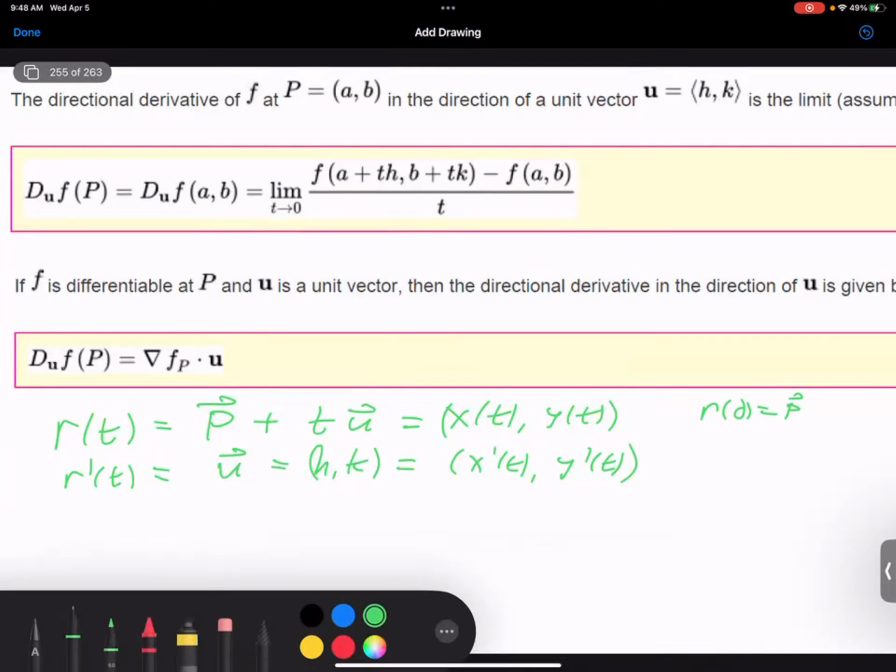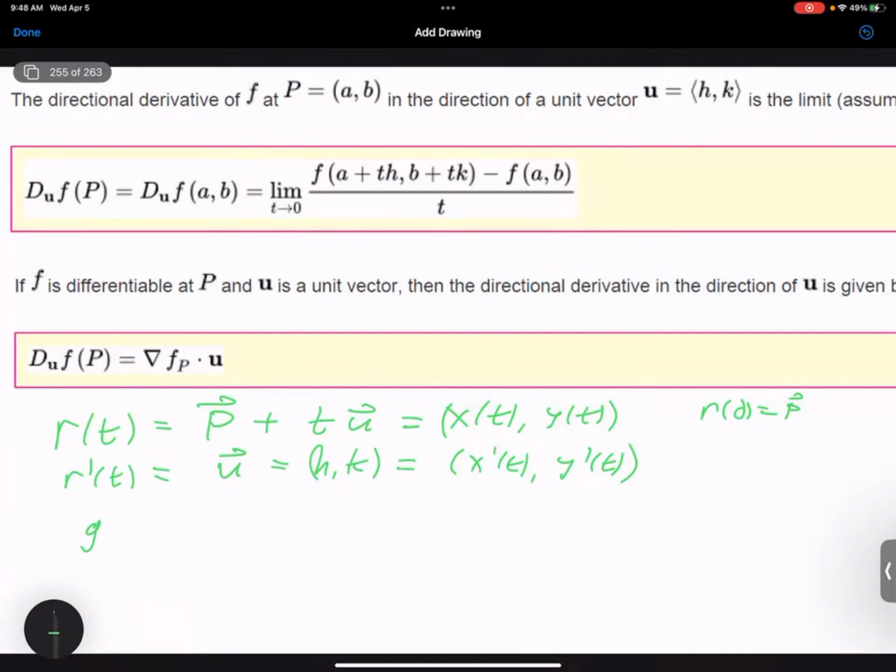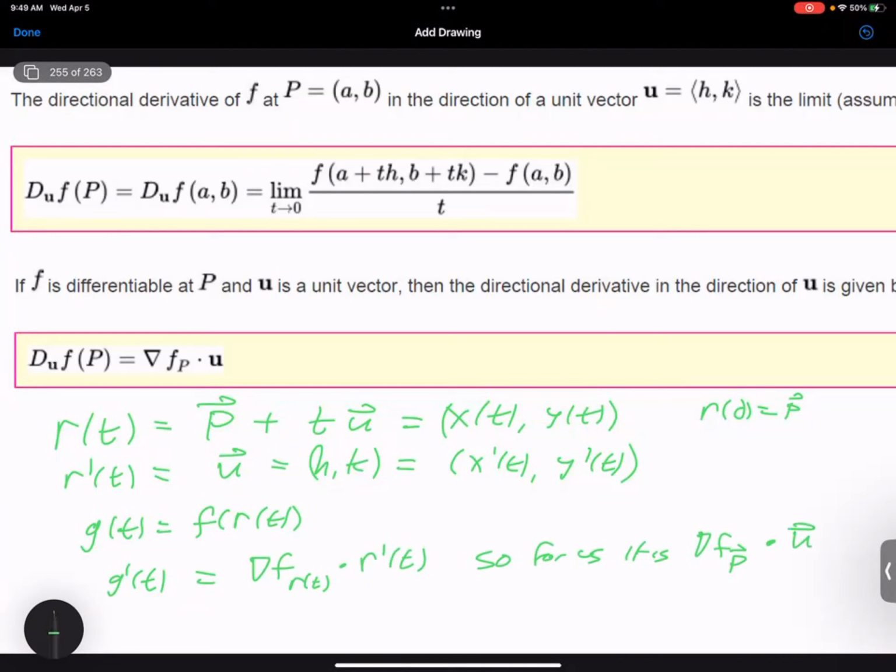And so from what we did before, if we let g of t be f of r of t, g prime of t is the gradient of f at the point r of t dotted with r prime of t. So for us, it is the gradient of f at our point dotted with the direction u. And that's where the directional derivative comes from.